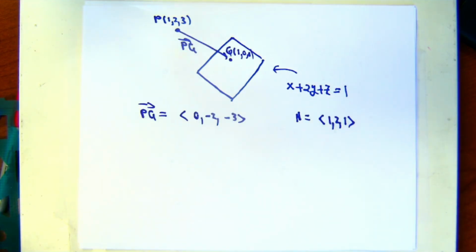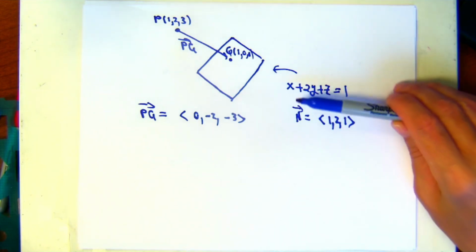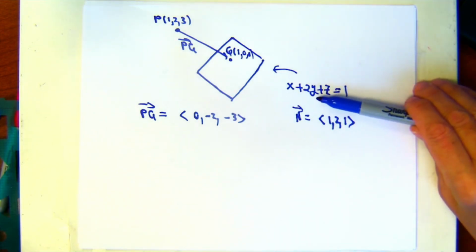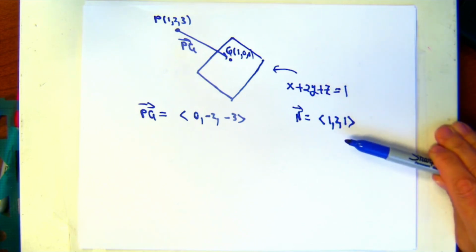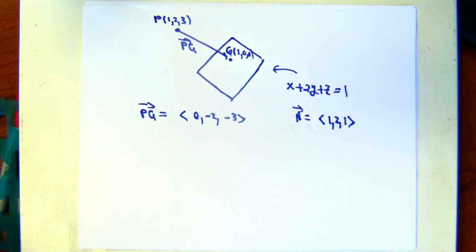By now, end minus start ought to be very familiar to us. So the vector from P to Q has components 0, -2, and -3. The right angle vector, the n vector, has components that are equal to the coefficients of the x, the y, and the z in the equation of the plane: 1 times x, 2 times y, 1 times z. There's my n vector. I need to know two other things.